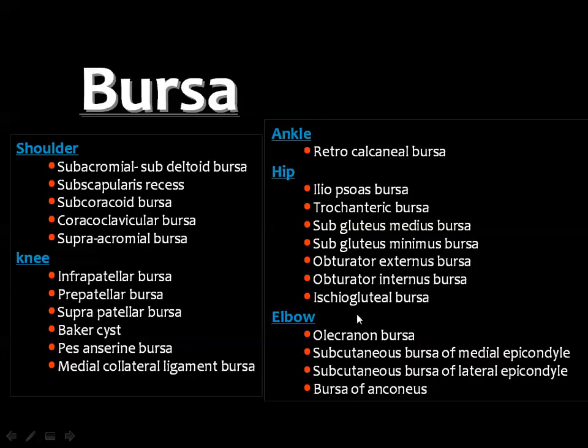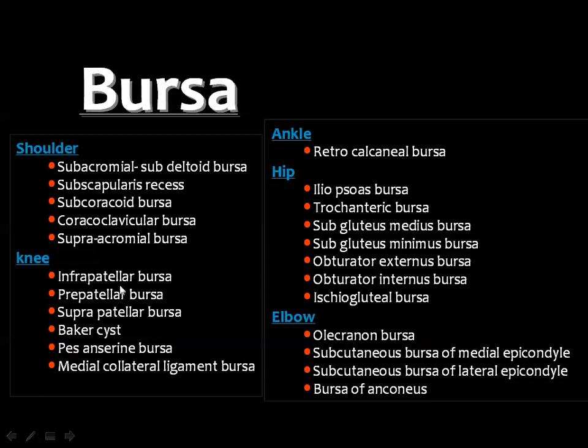And this is a big list of the bursae all over the body, especially in the famous anatomic locations like the subacromial subdeltoid bursa, the subscapularis, the subcoracoid bursa, the coracoclavicular, and the supra-acromial bursa.